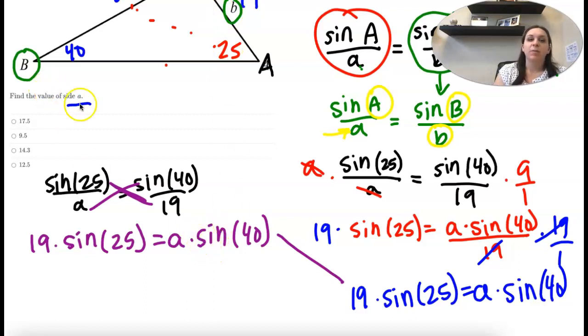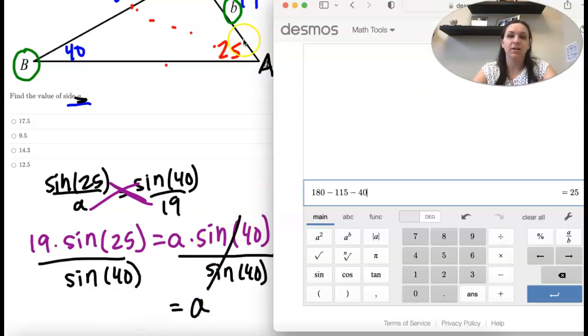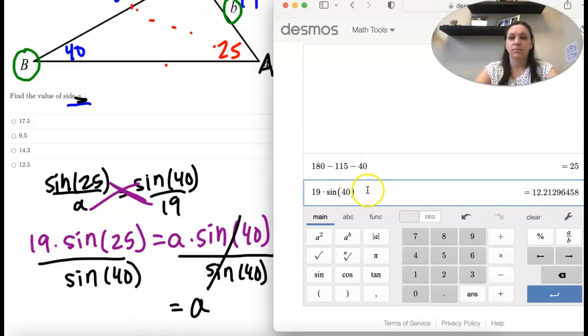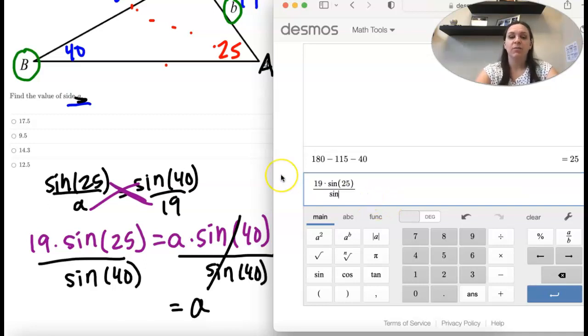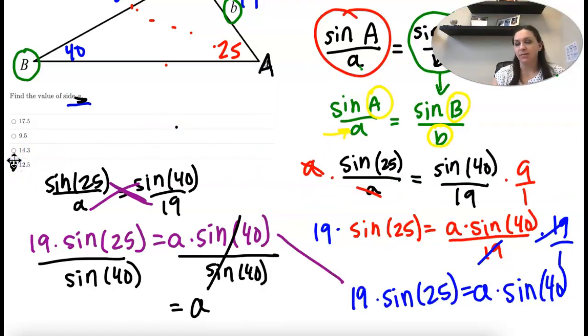Okay, so remember our goal is to get a by itself. So I'm going to divide by sine of 40 on both sides. And now I just have a. So now let's calculate that. 19 times sine of 25, make sure you type it in right, divided by sine of 40. So 12.5 rounded would be side A.